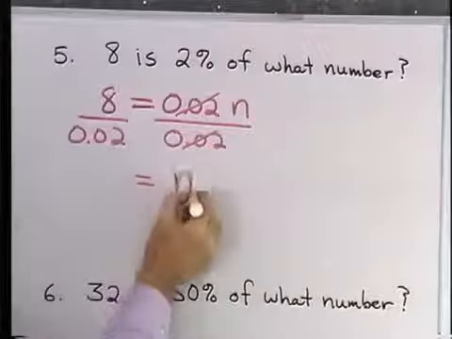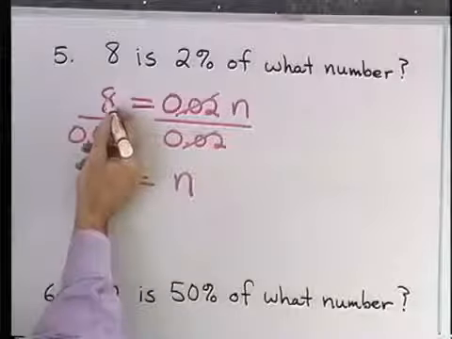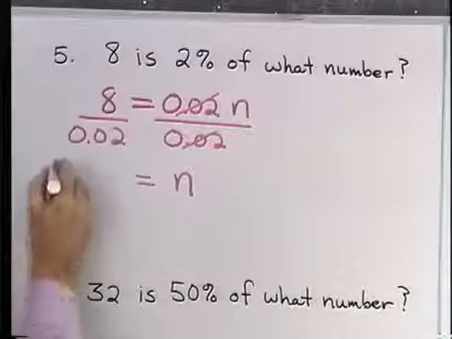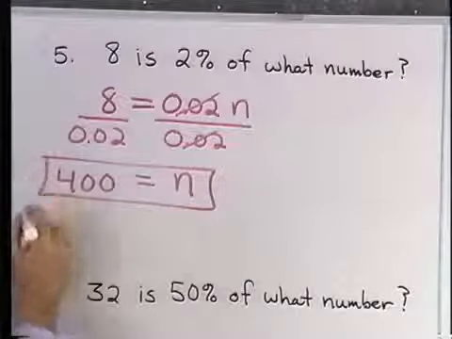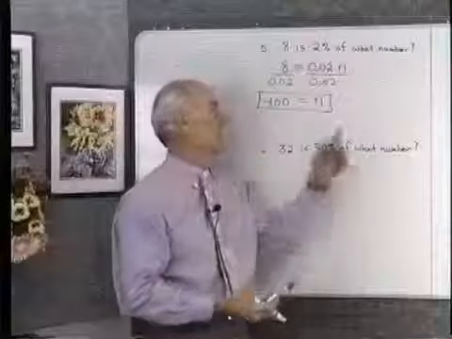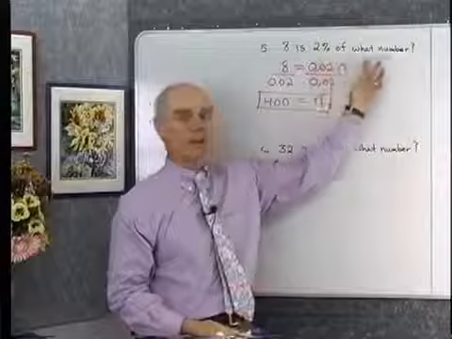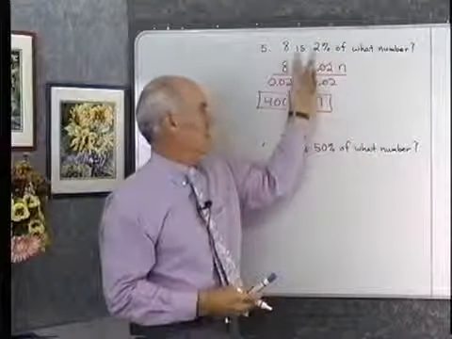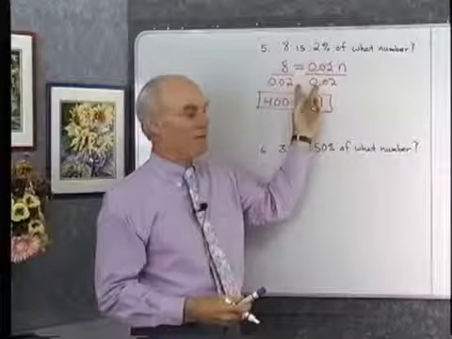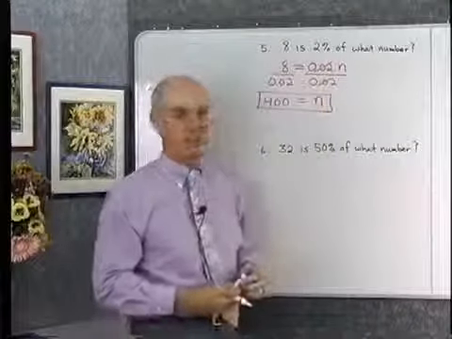I'll have left just n on the right side right here, and when I divide 8 by 0.02, I'll get 400. So n is equal to 400, and that seems to make sense. 8 is 2% of 400. So I just simply translate into an equation, solve that equation, and there's my result. n is equal to 400.